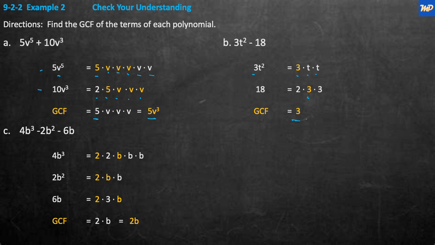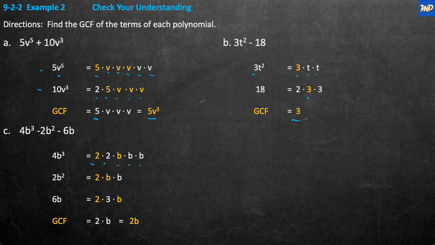Let's go down to this trinomial. 4b cubed gives us a 2 times a 2, because 2 goes into 4 2 times, 2 goes into itself 1 time. So a 2 and a 2 are the two prime factors. The b's, there are 3 b's. Well, we just break it into b times b times b. 2b squared.